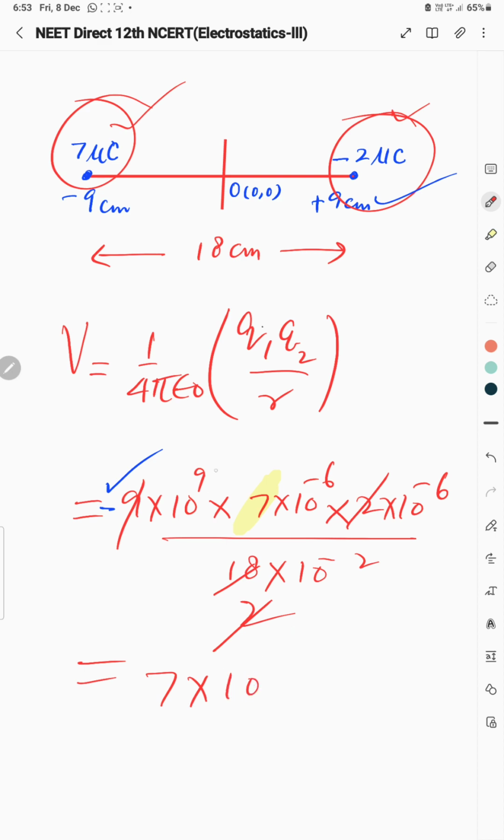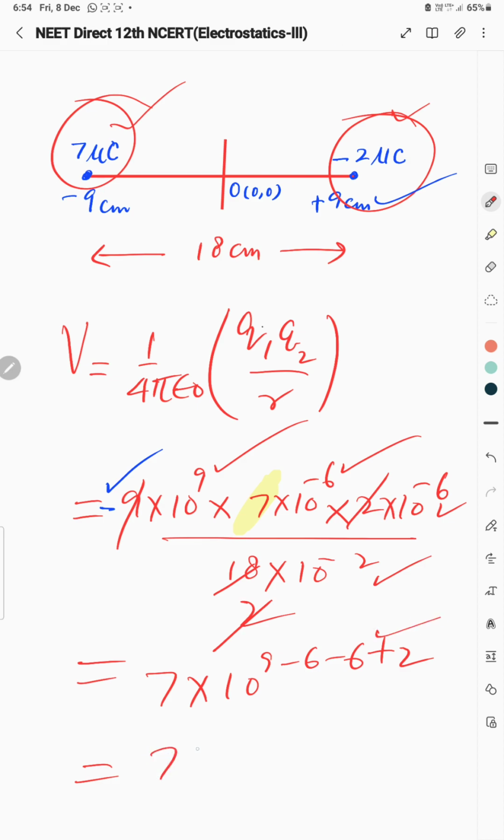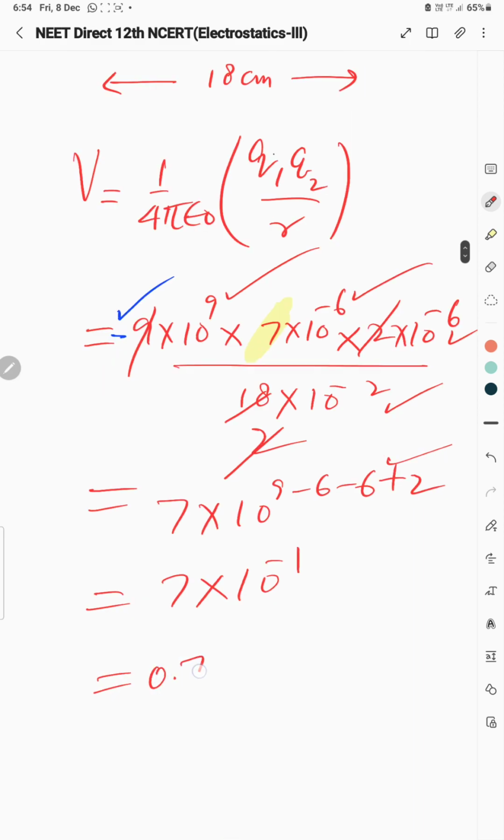Now 10 power: 9 minus 6 plus 2, because this goes up. So when you simplify it, you get 7 × 10^-1, which is 0.7.